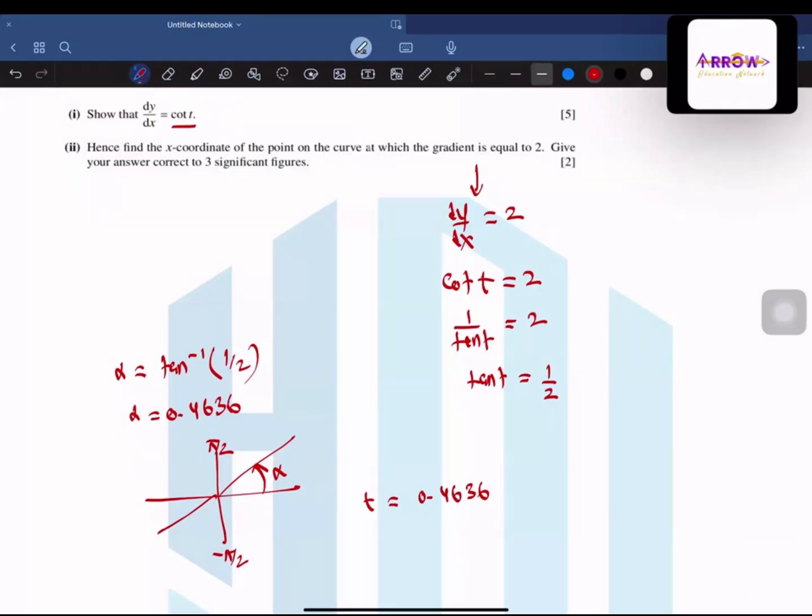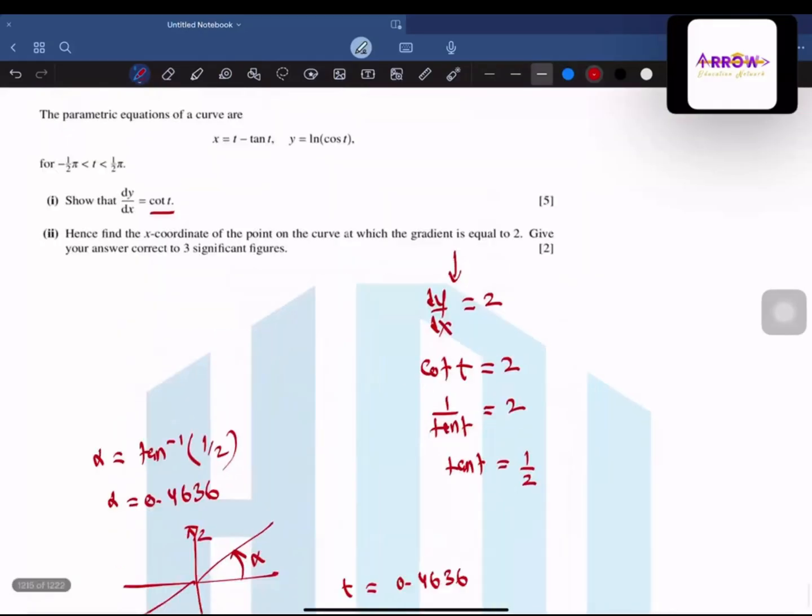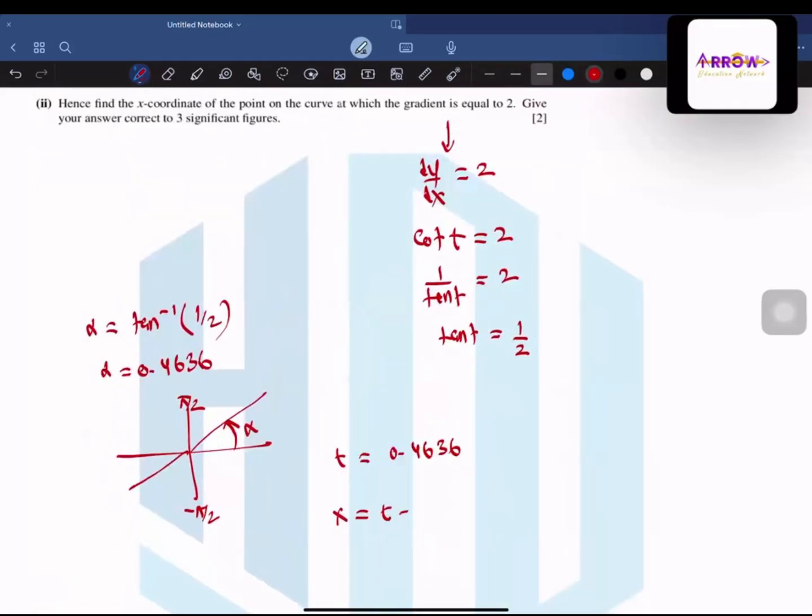So t is equal to 0.4636 I have picked over here, and since x as a function of t is t minus tan t, in place of tan t I can write half. This is going to give me a more accurate value. So x is equal to 0.4636 minus half. In place of t I can write 0.4636, in place of tan t I can write just half. As simple as that.